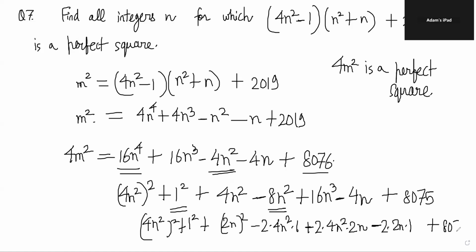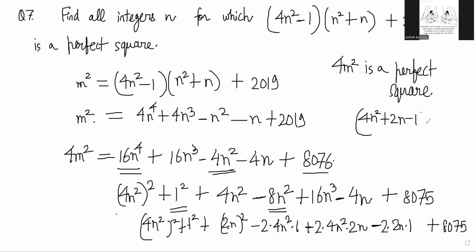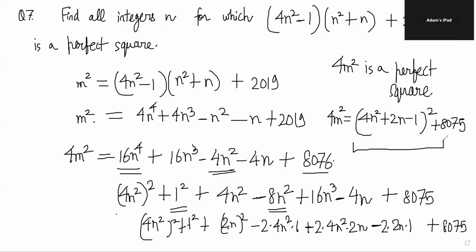So I'm getting it in the form a square plus b square plus c square minus 2ab plus 2bc minus 2ca, right? So this is becoming (4n square plus 2n minus 1) whole square plus 8075 is equal to 4m square.